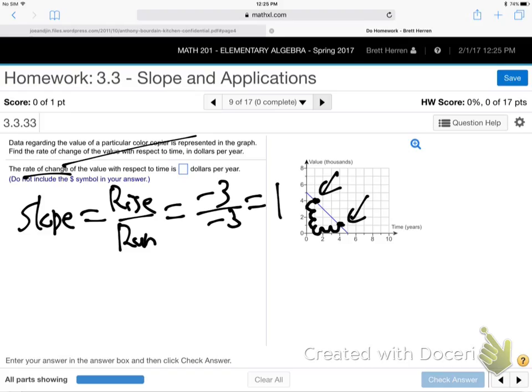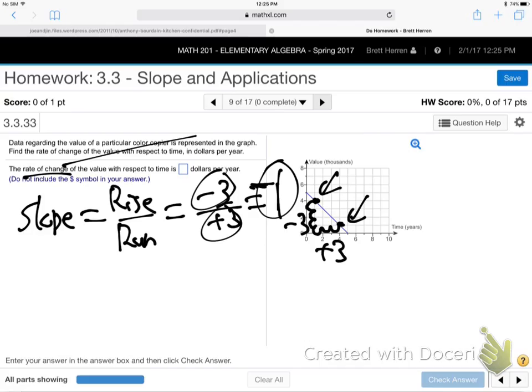It's 1. Oh, that's positive. Answer's -1. Yeah, because it was down 3, right 3, wasn't it? To go from the dot to the dot. It was down 3, right 3. So it was -3 over +3. So the answer was -1.